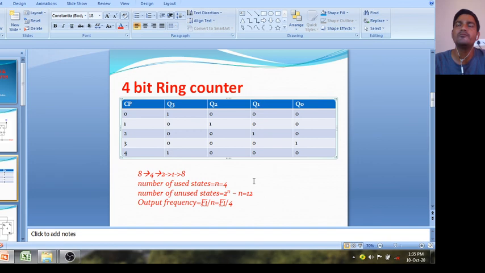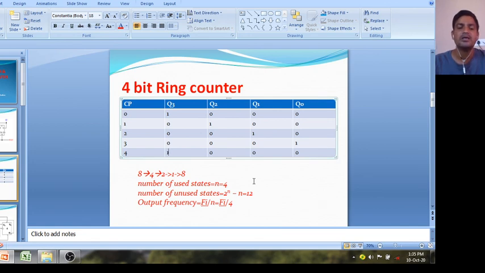If there are 4 flip-flops, total states will be 2 to the power 4 equal to 16. Okay, in case of a 5 bit counter, total states will be 2 to the power 5 equal to 32.